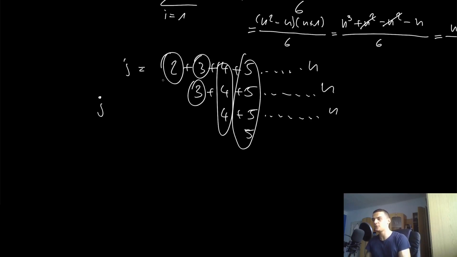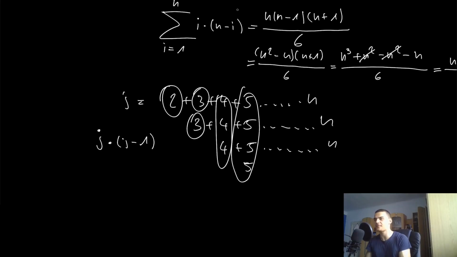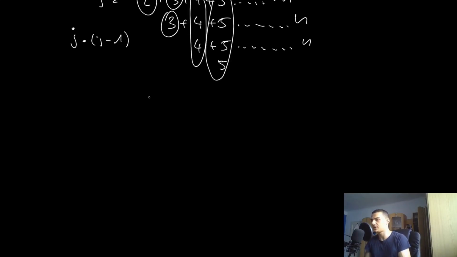So if we have 2, 2 gets added 2 minus 1 times, which is 1 time. 3 gets added 3 minus 1 times, which is 2 times. So this looks similar to the other one, but we don't have n minus j, we have j minus 1. And this is the actual result for the j component of the sum.